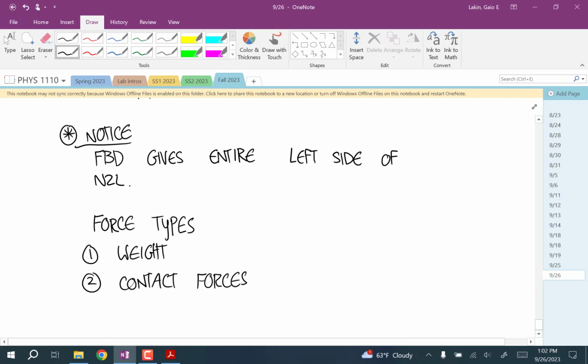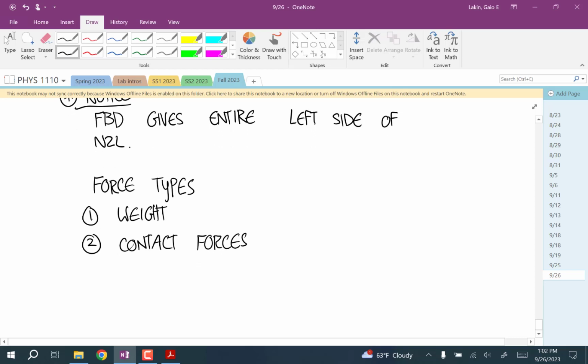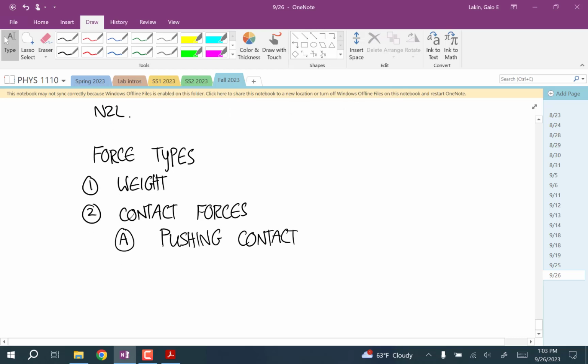There are three types of contact forces that we're going to see in this class. The first one is pushing contacts. The second is pulling contacts.